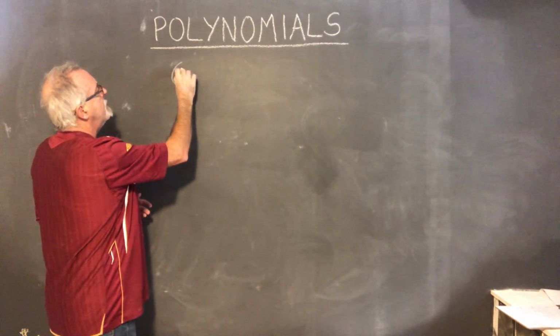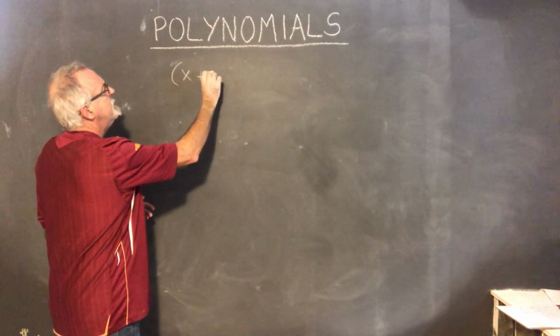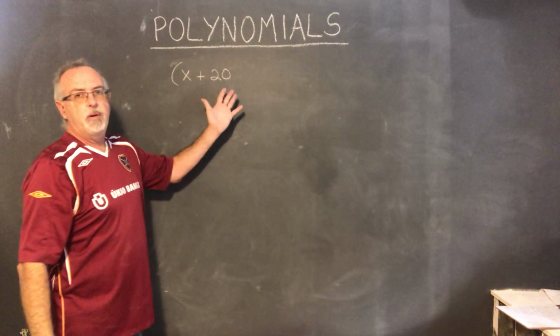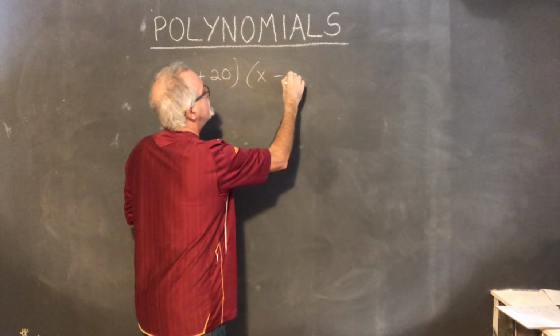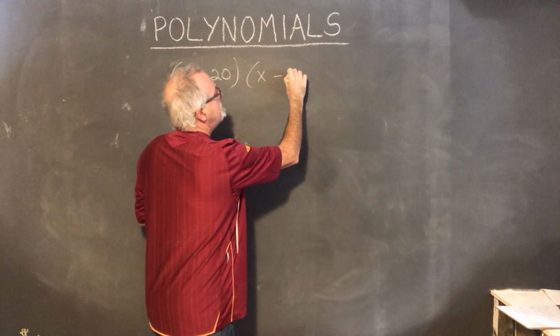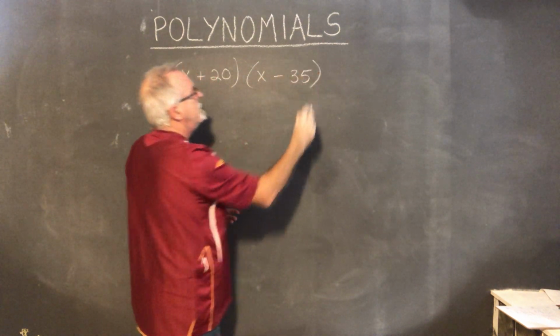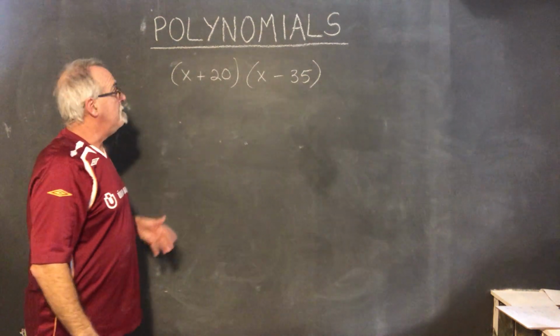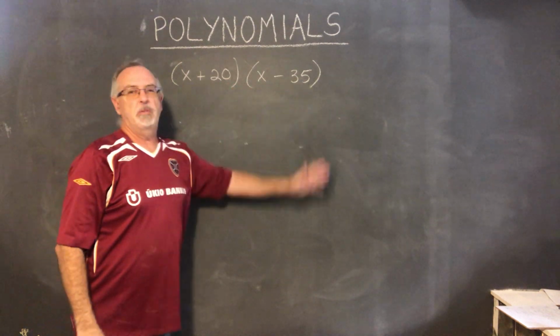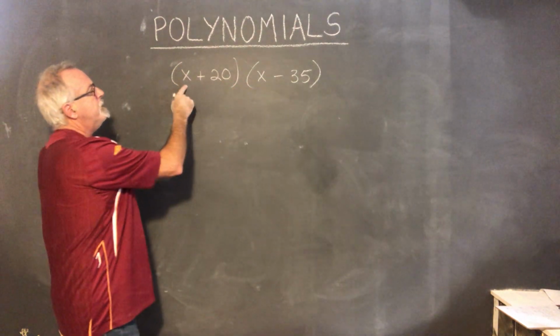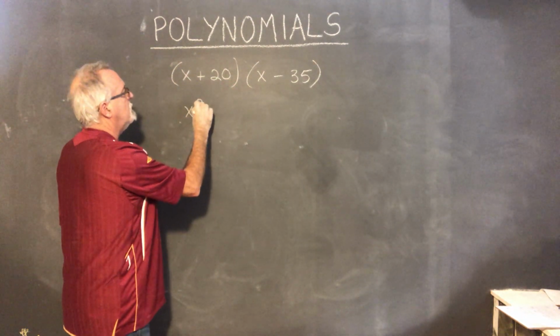How about if we have x plus 20, so a big number, but still a fairly easy one to work with, times x minus 35. I'm going to the limits of what I can multiply in my head without making mistakes. But kind of round numbers, it shouldn't be too hard. FOIL, first times first, x times x, that's x squared.